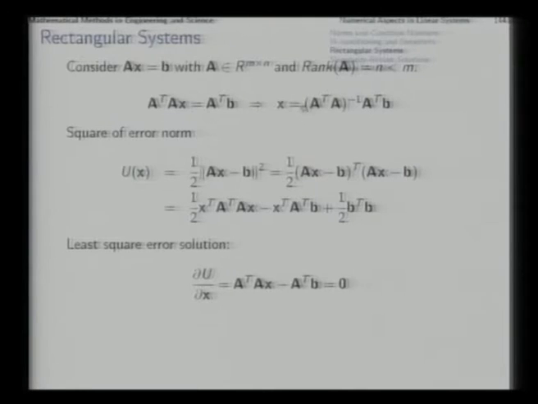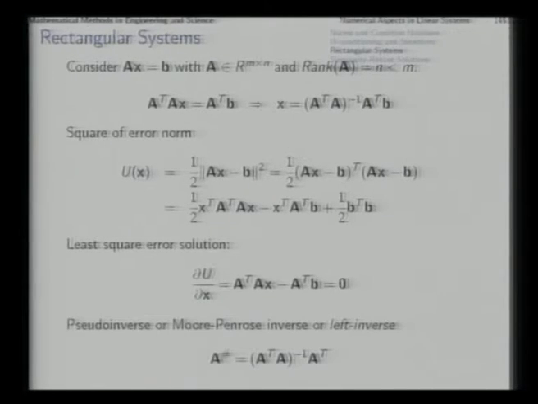and the matrix here, before b, is known as the pseudo inverse or Moore-Penrose inverse, because in a way that is acting like an inverse, because it is giving you a solution of Ax equal to b through the pre-multiplication of b. Something into b is the solution of Ax equal to b.